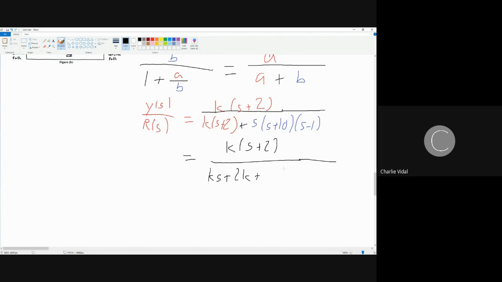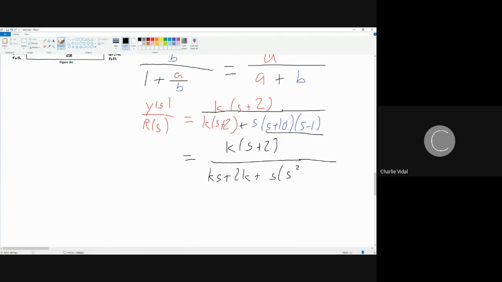But anyway, we have s. So we're going to do these two first, and then we're going to multiply it by s. So s times s is s squared. This is s squared plus s minus 1.